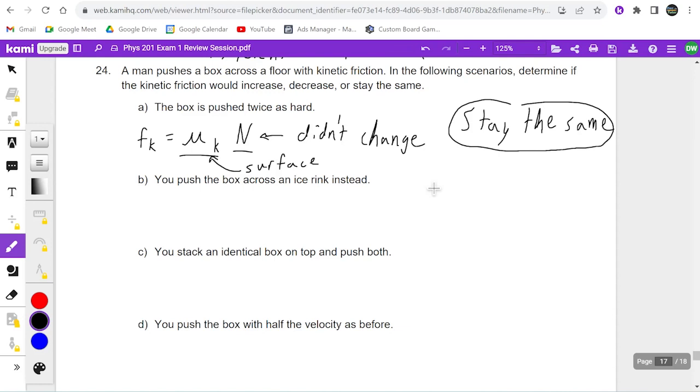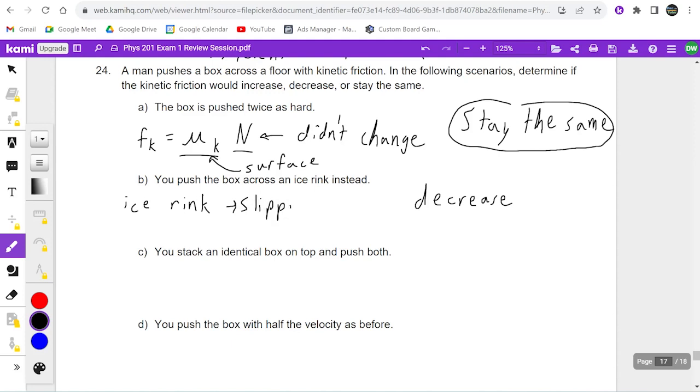Okay, part B. You push the box across an ice rink instead. Again, same thing. Think to yourself, increase, decrease, or stay the same. The answer is it will decrease. And the reason why, the ice rink is definitely going to be slipperier.